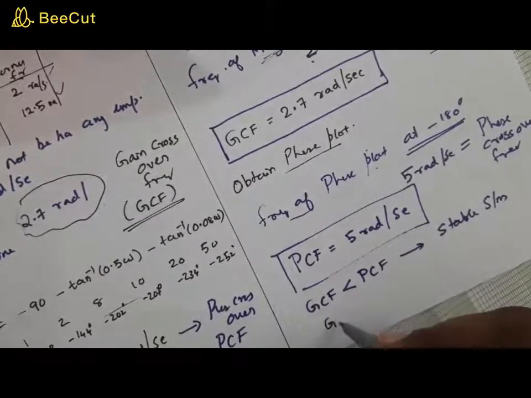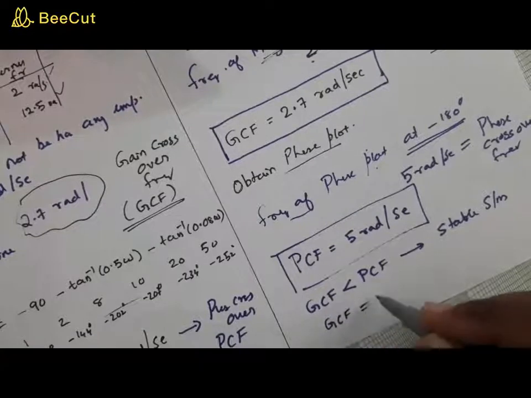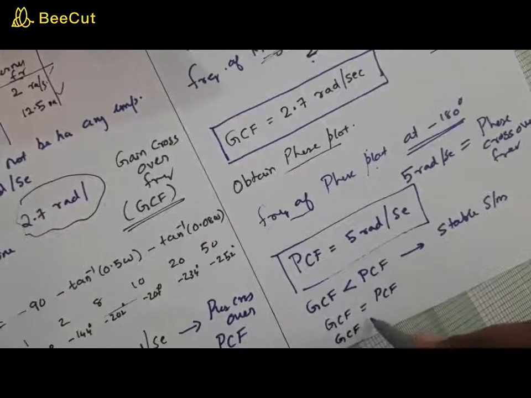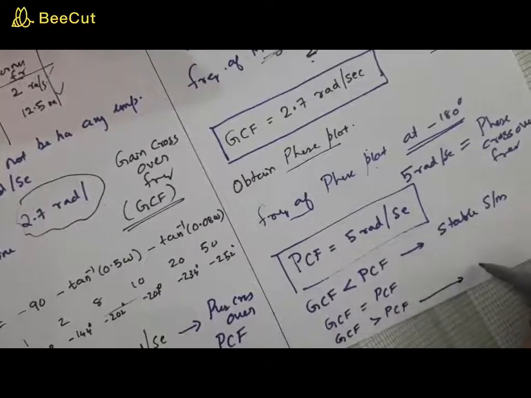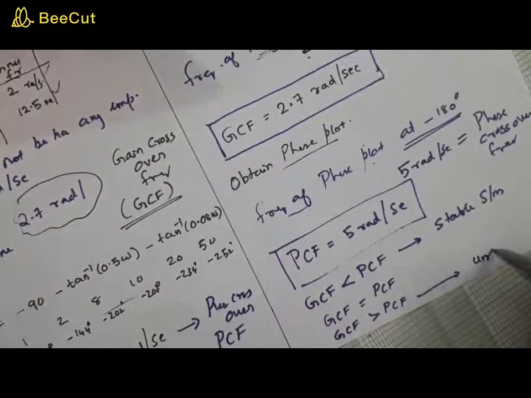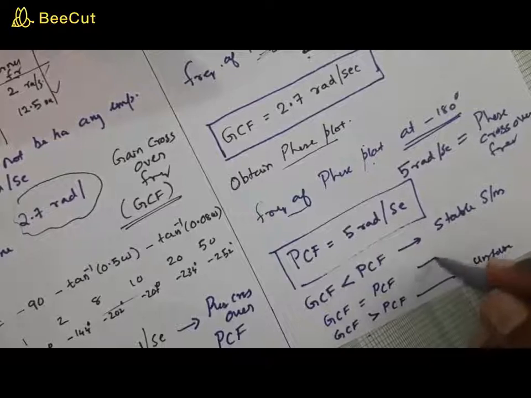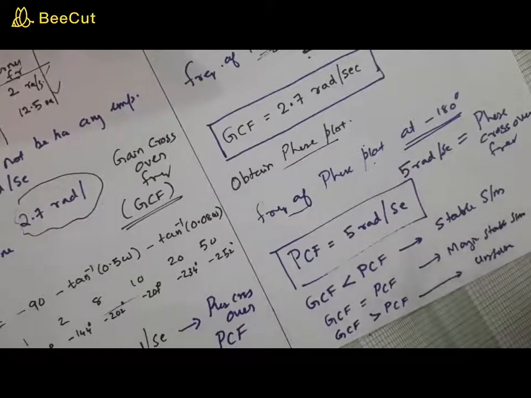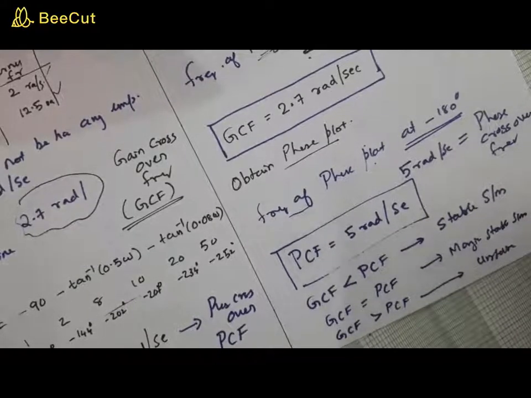So what are the other conditions possible? There can be a situation where GCF is equal to PCF, and GCF can be greater than PCF. When GCF is greater, it becomes an unstable system. When they are equal, this is called a marginally stable system. Okay, hope you understood this.